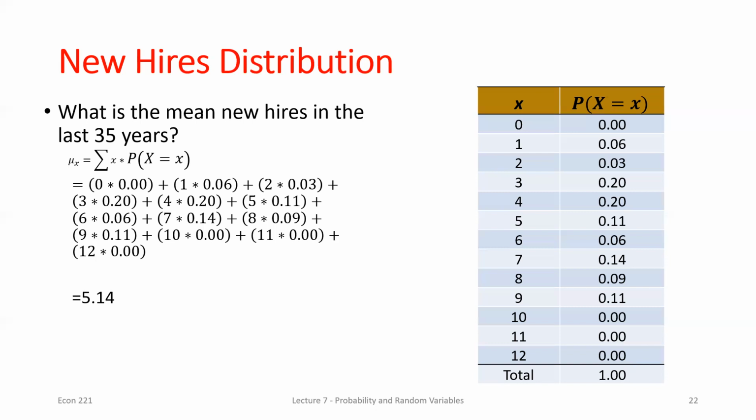And the reason why is because it's way more likely that I see this 5%. Now in practice, I can't see 3.5, at least in the example I set up. I'm only going to see one of these two values, right? So it's a little bit weird because sometimes the mean of a discrete random variable isn't actually an outcome you can see. 5.14, I can't see that. The company's either going to hire 5 or 6 people this year, right? So the mean is just giving us an idea about where it's going to be.